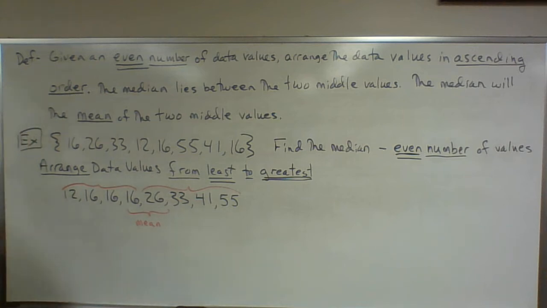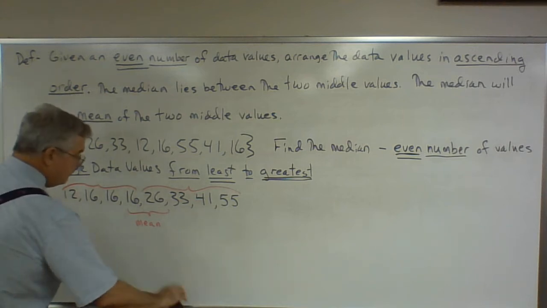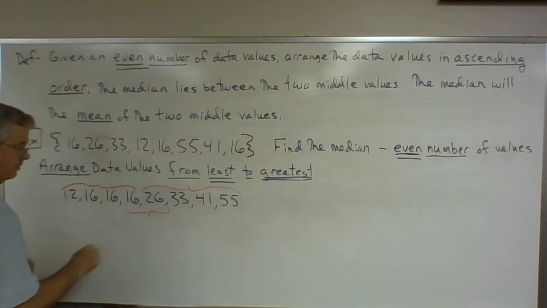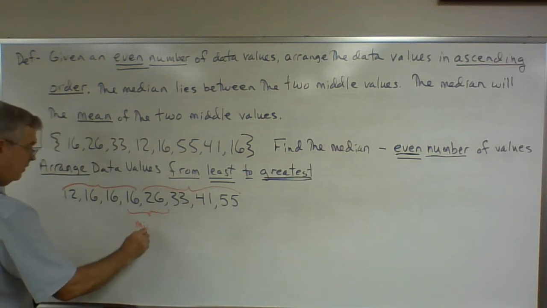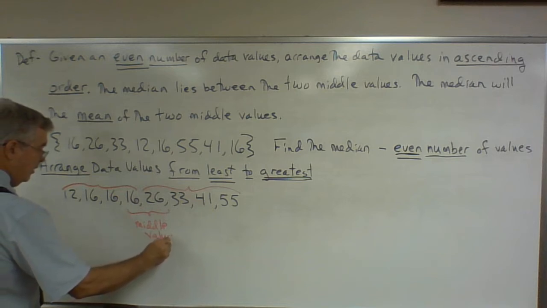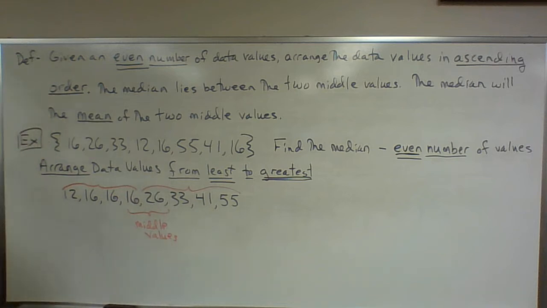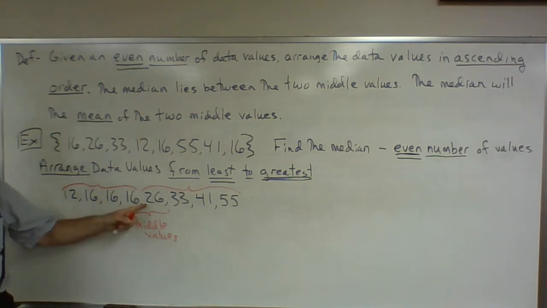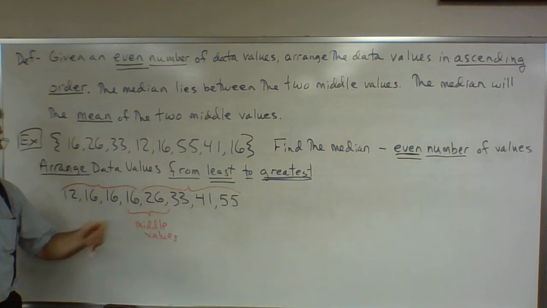We take the 2 middle values, and the median is the mean of the 2 middle values. In other words, we add them up and divide by 2, and that's the mean.